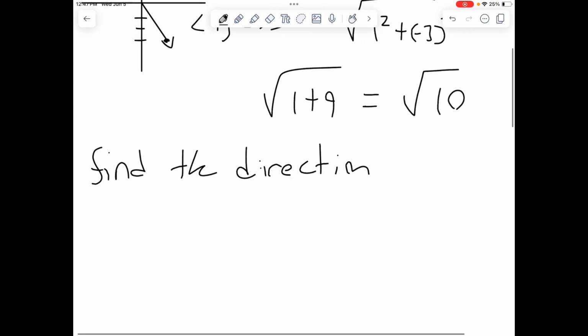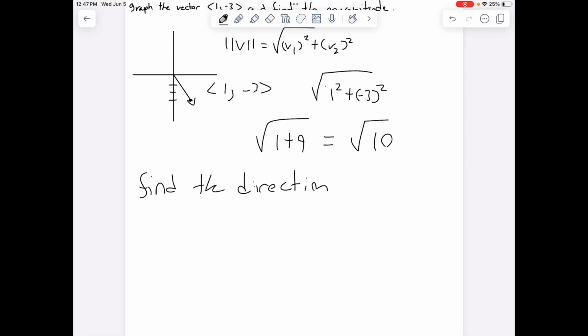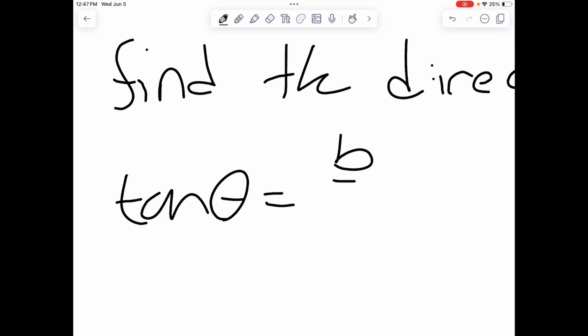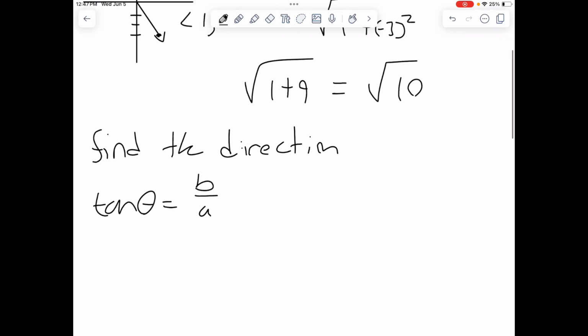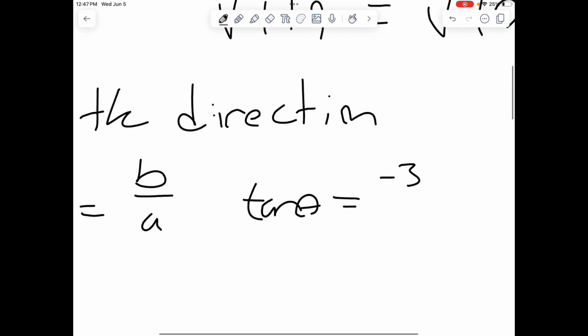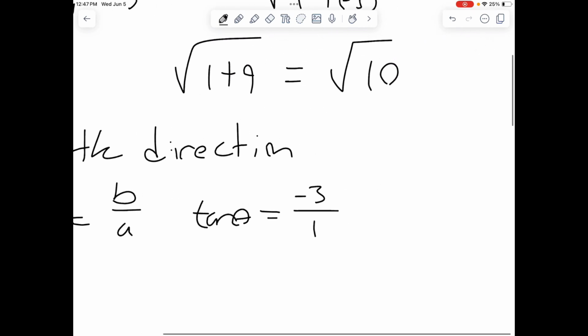I made a cut because I forgot to add a part, but we also want to find the direction. How we do that is we plug in tan theta equals the second term over the first term. In this case, because it's 1, negative 3, the equation would be tan theta equals negative 3 over 1, which is just tan theta equals negative 3.